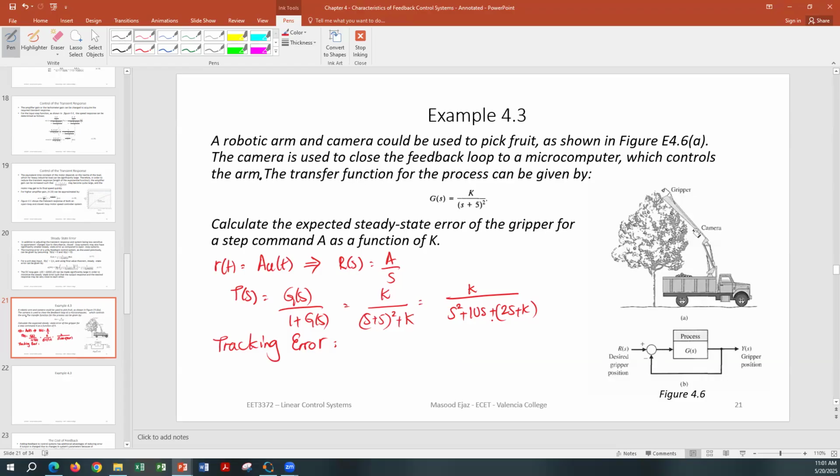So the tracking error, E(s) as we define it, is the difference between the input and the output. And output is transfer function times input. So the tracking error can also be written as 1 minus T(s) times R(s).